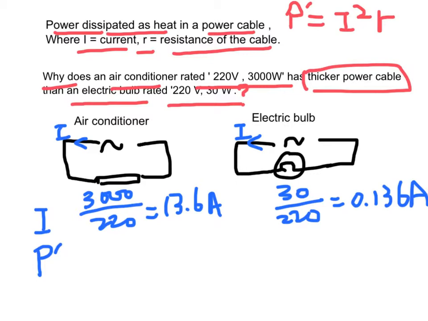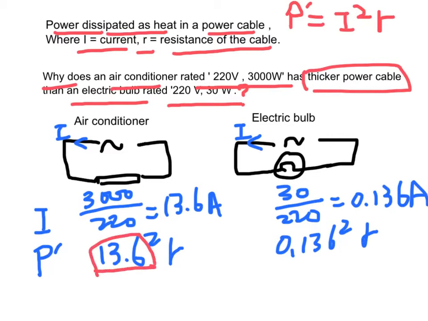And the power dissipation by the cable in each case is I squared R, which is 13.6 squared R, and 0.136 squared R. Since the current in the air conditioner is very large, in order to minimize the power dissipation by the power cable, the resistance of the power cable R should be very small.